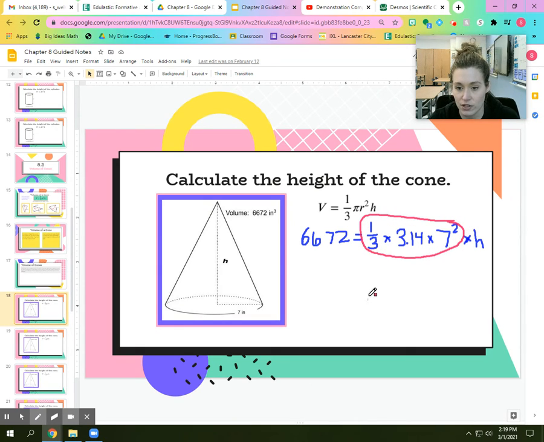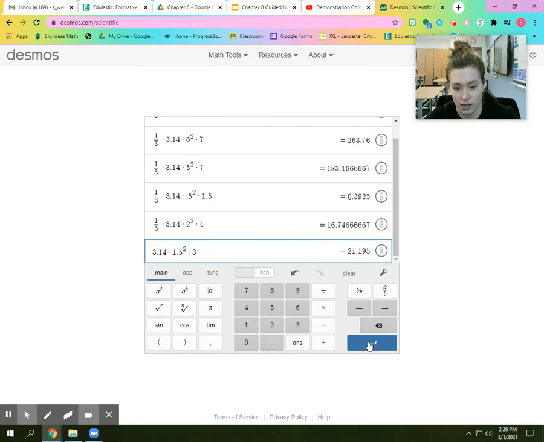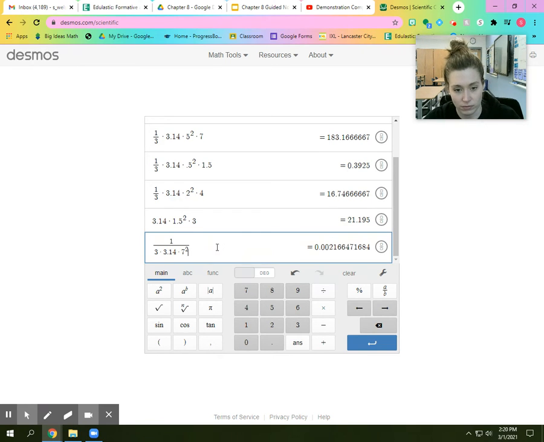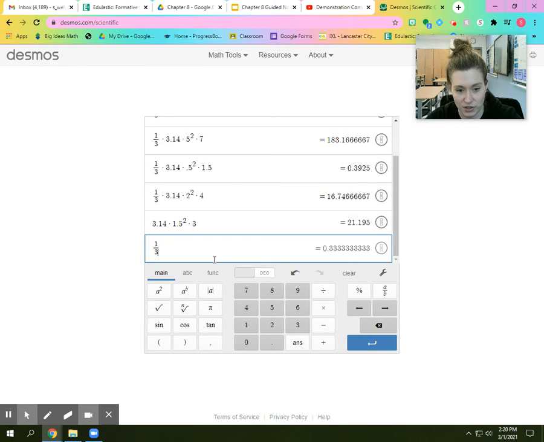I can go ahead in my calculator and do the 1/3 times 3.14 times 7 squared. Make sure we click out of the fraction. And that gives me 51.29.